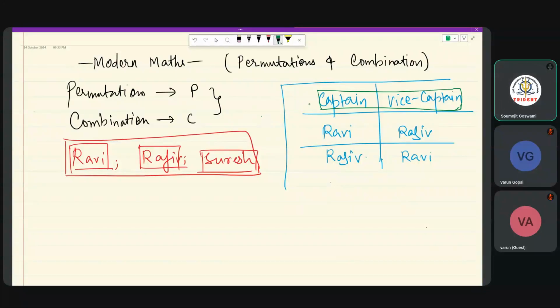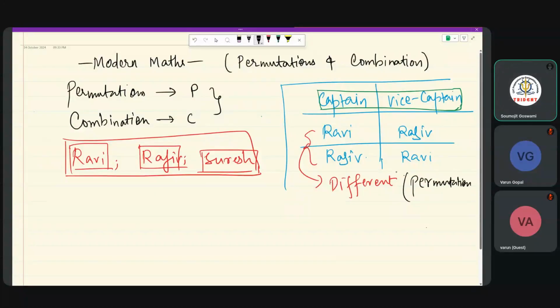Okay, there are two highlighting words. These two are different, and loosely speaking, this is what permutation is. Now, please understand, permutation is nothing but arrangement. Okay. Now, arrangement could be distinguishable also.